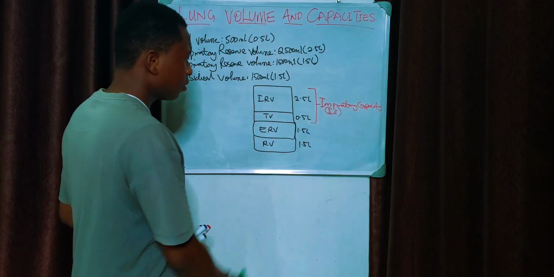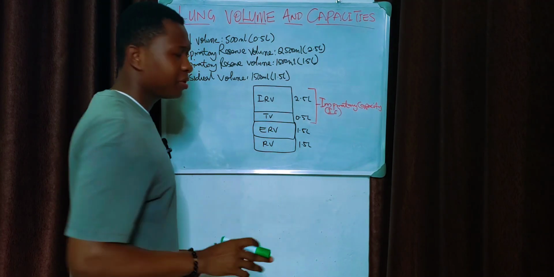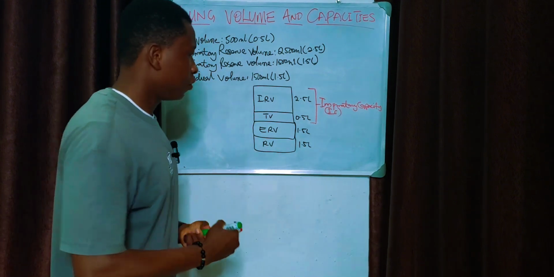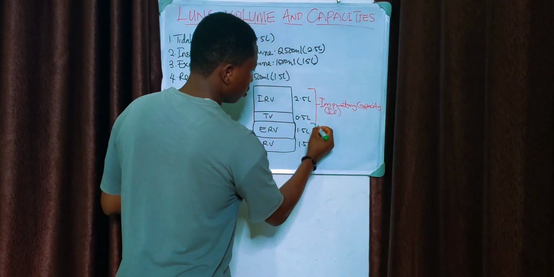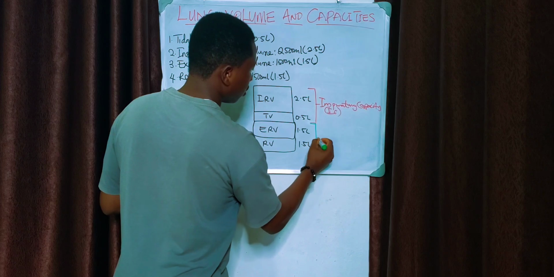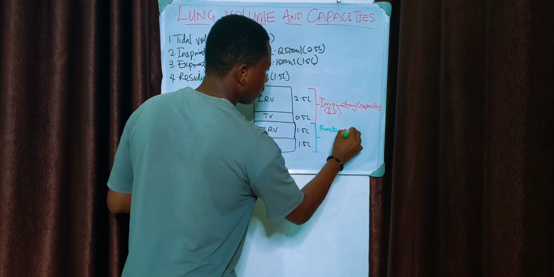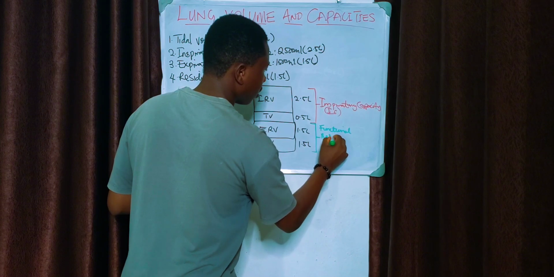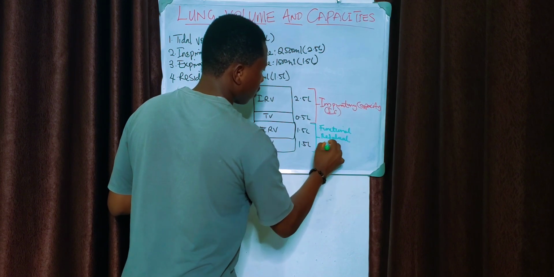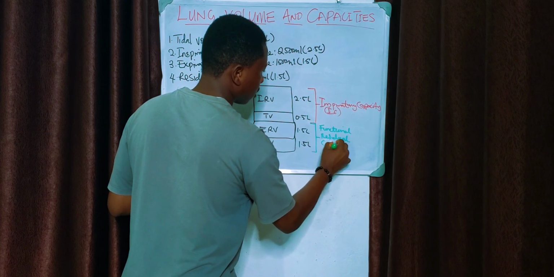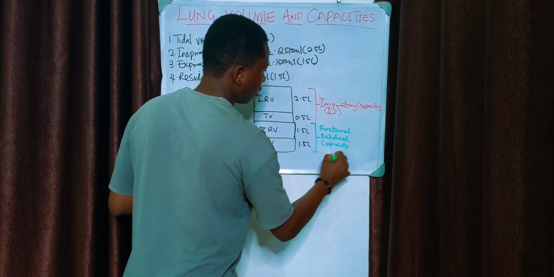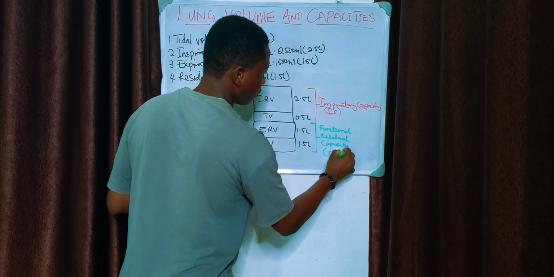Then when you total the expiratory reserve volume and the residual volume, you get what we call the functional residual capacity, which is FRC.